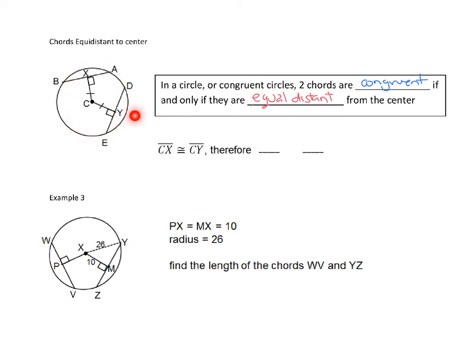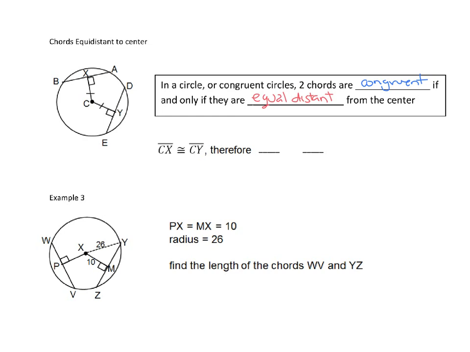So, as you can see here in our picture, we have chord BA and chord DE. Now, the reason why I know that they're equal distance from the center is because of this right here. Segment CX is congruent to segment CY because they're marked as so, which would tell us that these two chords would have to be, you said it, congruent.